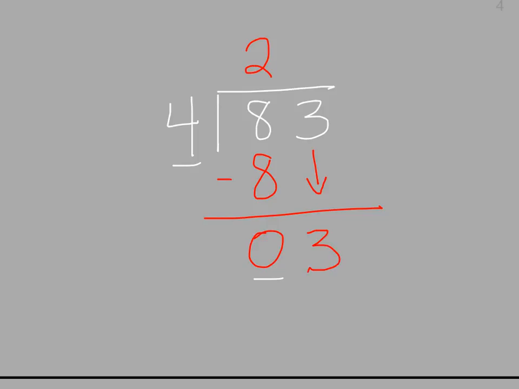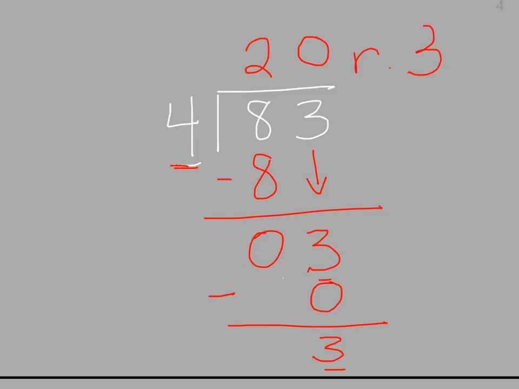Now again, the 3 is smaller than the 4, so I go 4 times 0 is 0. I'm going to subtract. 3 minus 0 is 3, and since the 3 is still smaller than the 4, I have a remainder of 3.